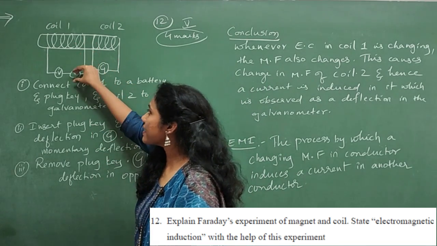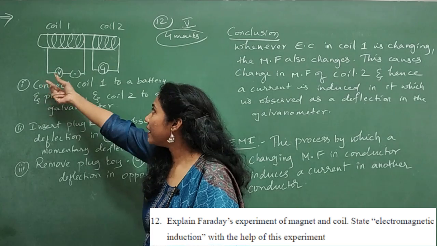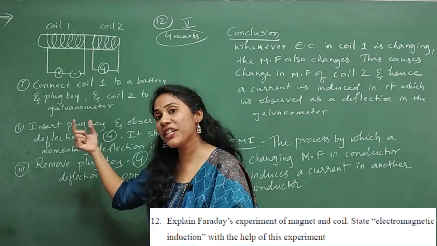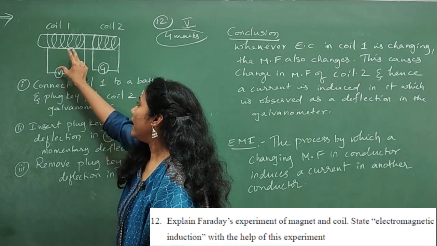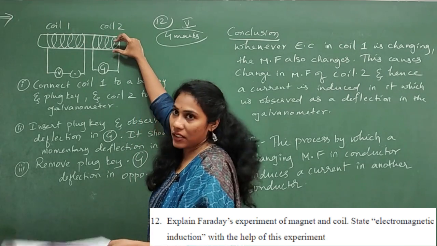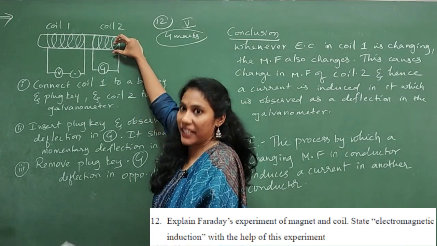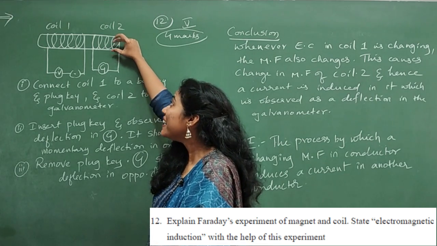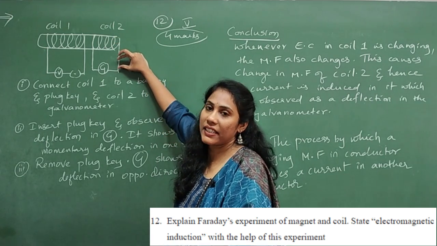So whenever the plug key is inserted, there is a change in current. Change in current changes the magnetic field of this coil. Coil 2 experiences that change in magnetic field, and that leads to the induction of current, right?